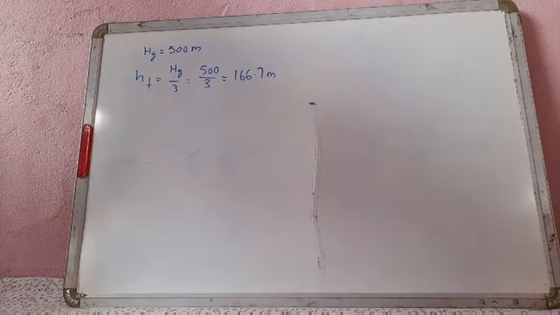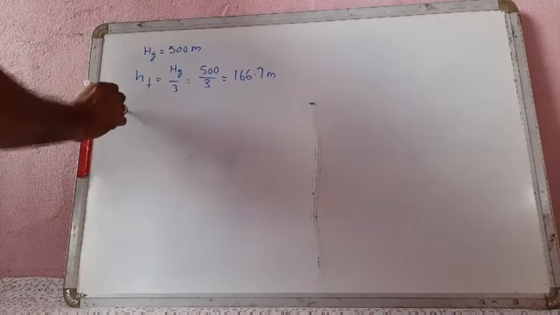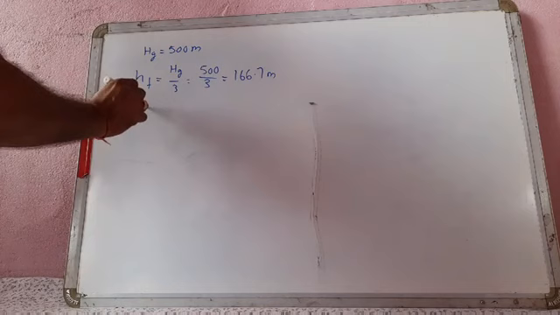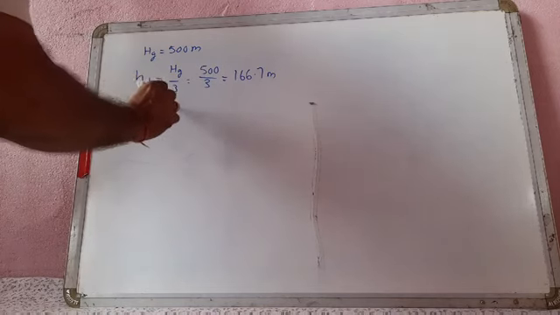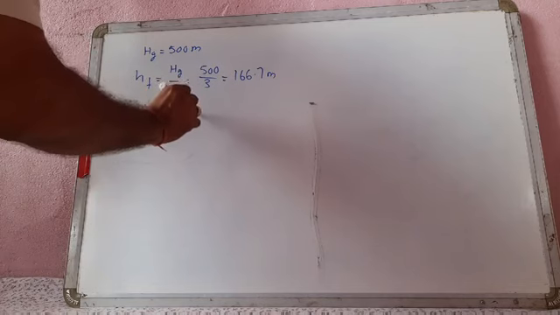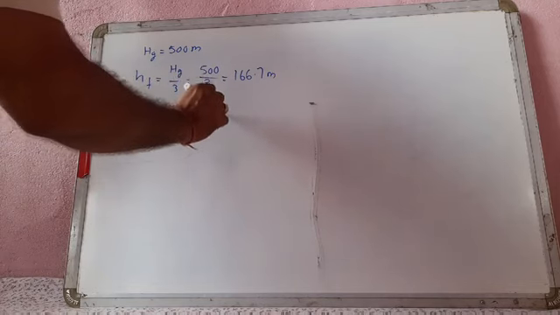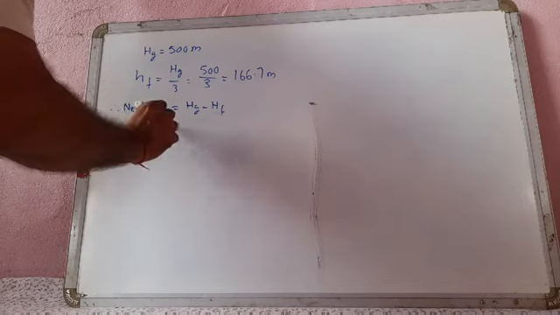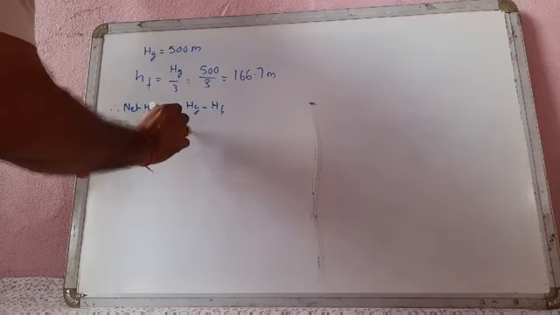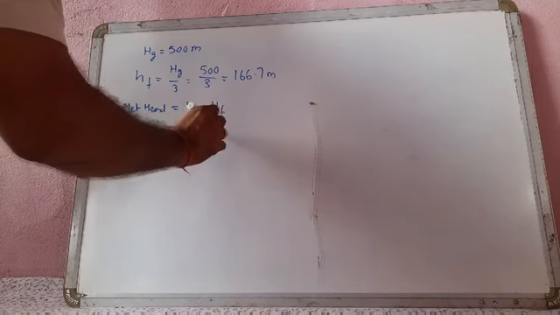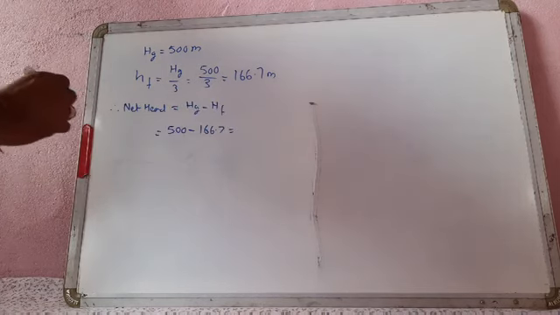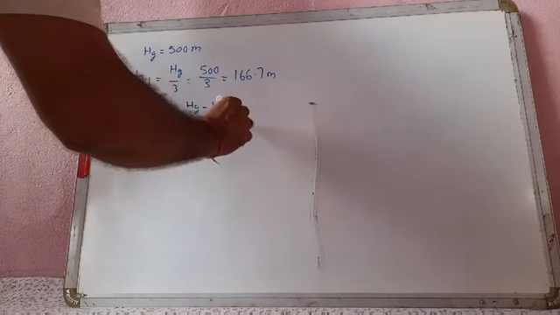Net head equal to Hg minus Hf, that is 500 minus 166.7, so this comes 333.3 meter.